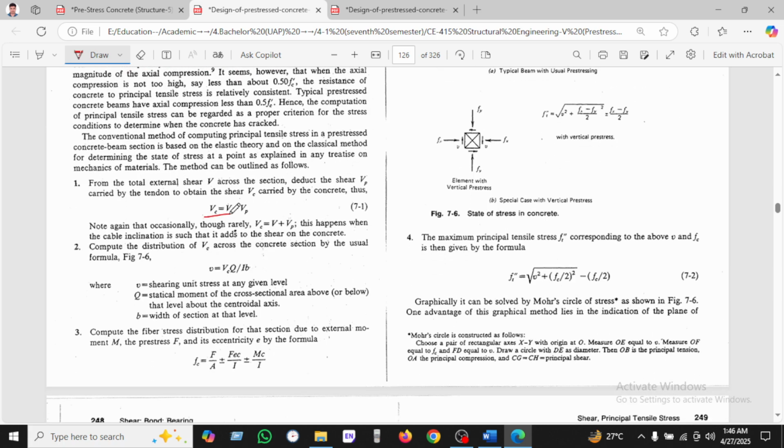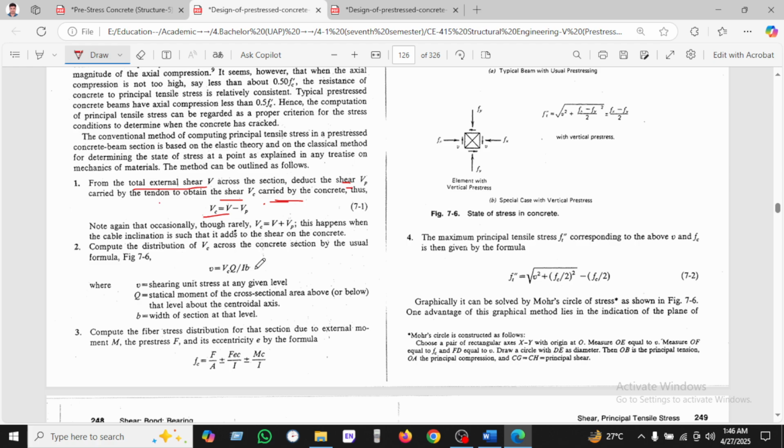There is some formula. We can see the total external shear V, and we deduct the shear Vp carried by the tendon to obtain the shear carried by the concrete. So the concrete shear equals the total shear minus the shear carried by the tendon.